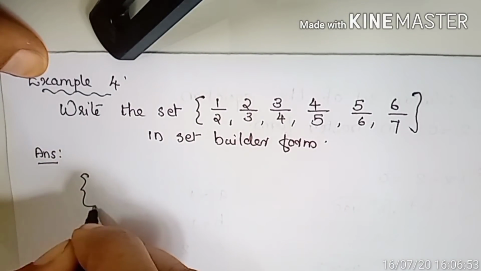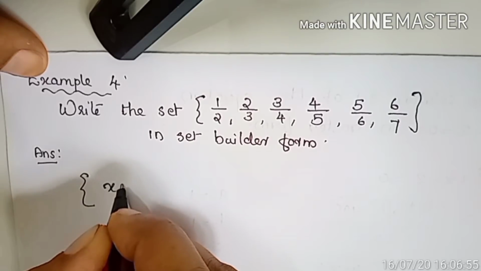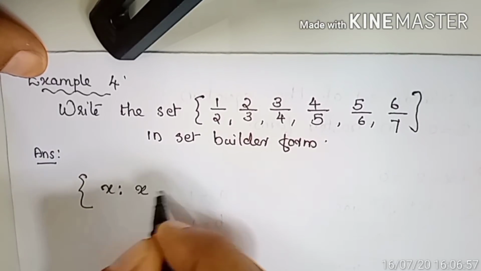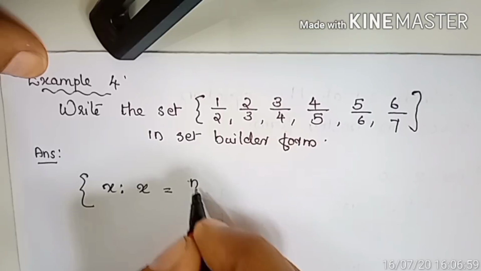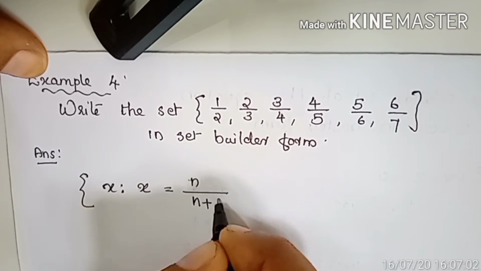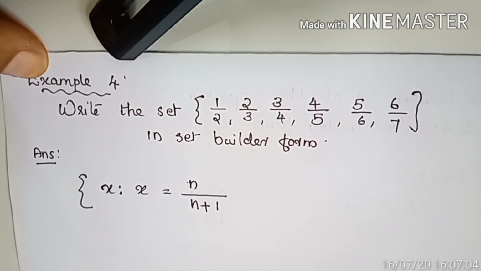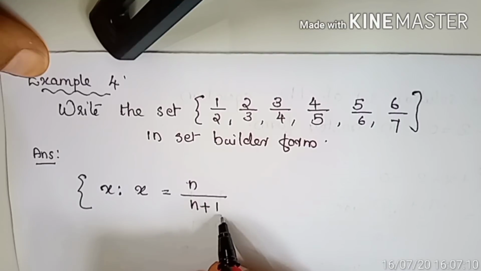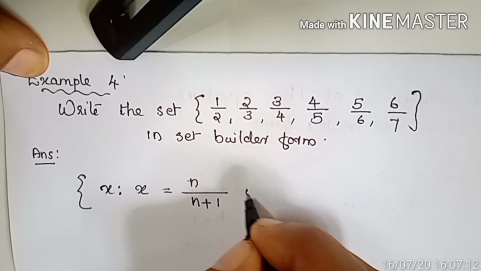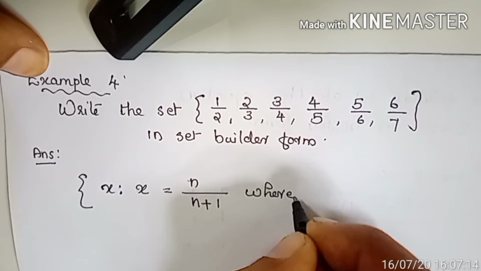Hence, how can we write it in set builder form? Look at that. Set of all x such that x is equal to n divided by n plus 1. The numerator is 1 less than the denominator.